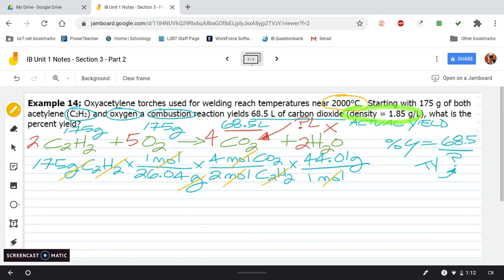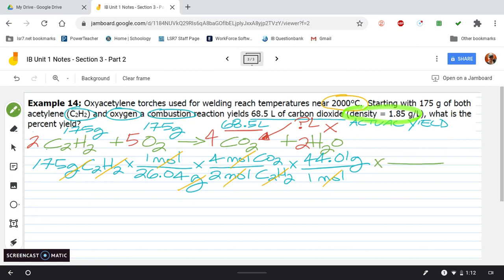So if we come back over here to density, it's 1.85 grams for every 1 liter. Well, we want liters to go here. So we'll use density as this final conversion factor, and it's going to be a little tight on space, so I'm going to clean this up a little bit. Let's put my last step in there, and let's change the color to green so we can understand that it's a different conversion factor.